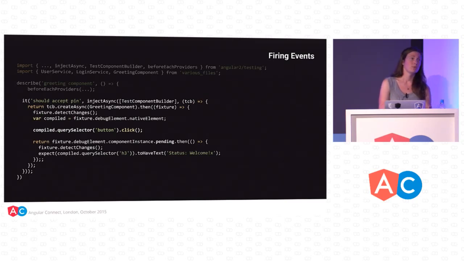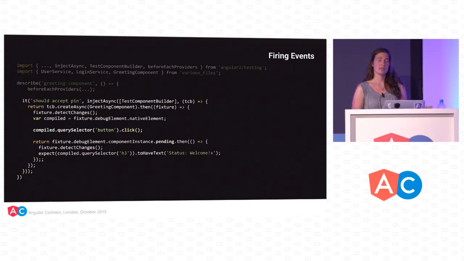Another thing you might want to do when testing components is fire events. Because we can get a hold of the native element, we can just use plain old JavaScript to fire a click event. So in this case, we're firing a click event on that enter button, and then we want to verify that our status has changed.